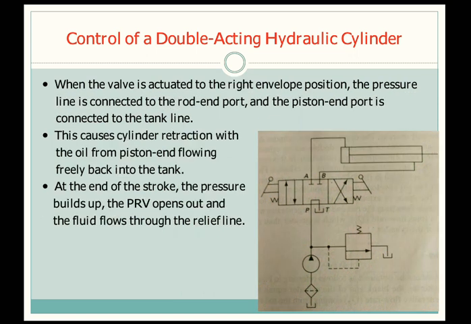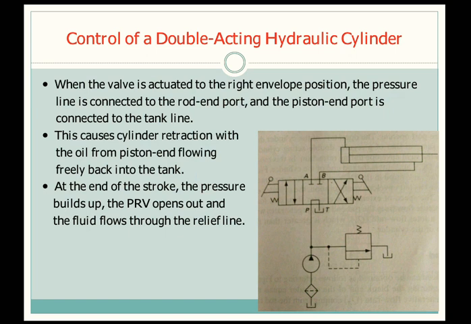Next, when the valve is actuated to the right envelope position, the pressure line is connected to the rod end port, and the piston end port is connected to the tank line. As you can see in the figure, when the right envelope comes into position, point P is connected to B, the rod end, and point A, the piston end, is connected to the tank line.